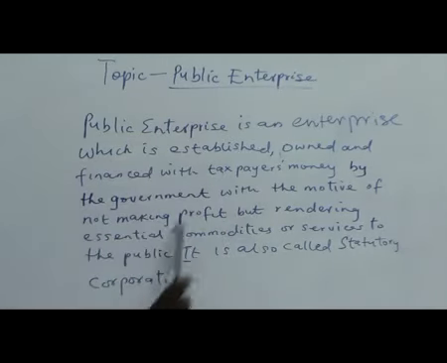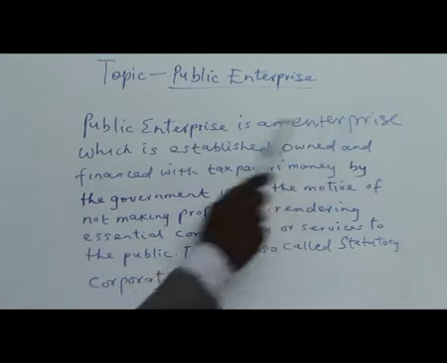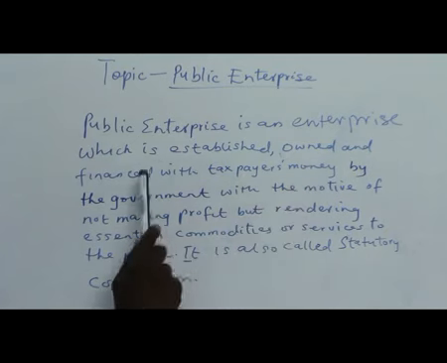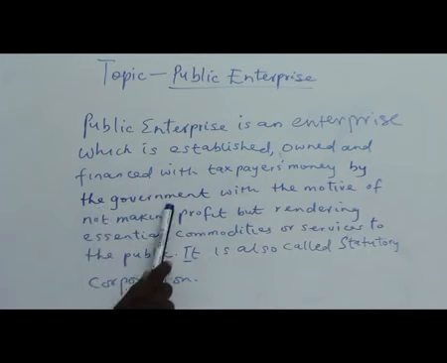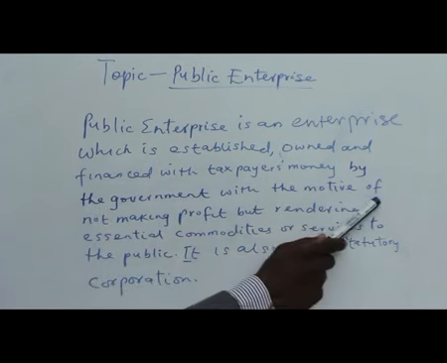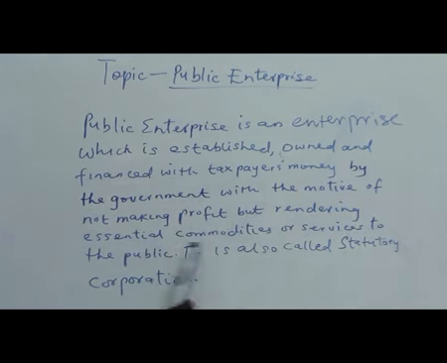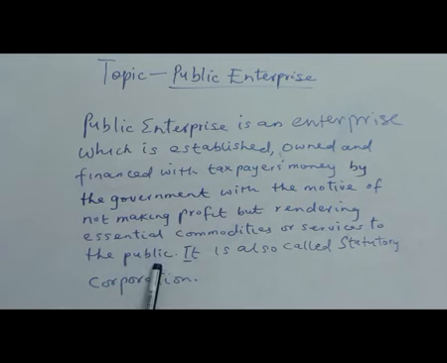Public enterprise is an enterprise which is established, owned, and financed with taxpayer money by the government with the motive of not making profit but rendering essential commodities or services to the public. It is also called statutory corporation.